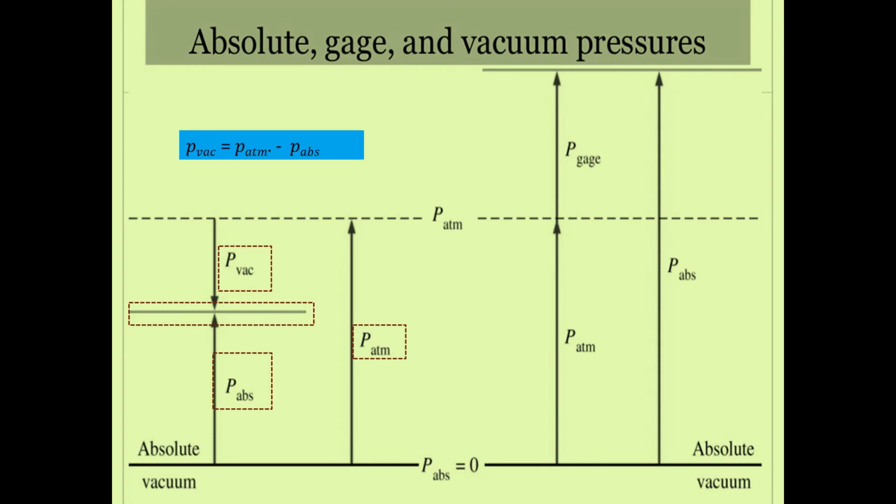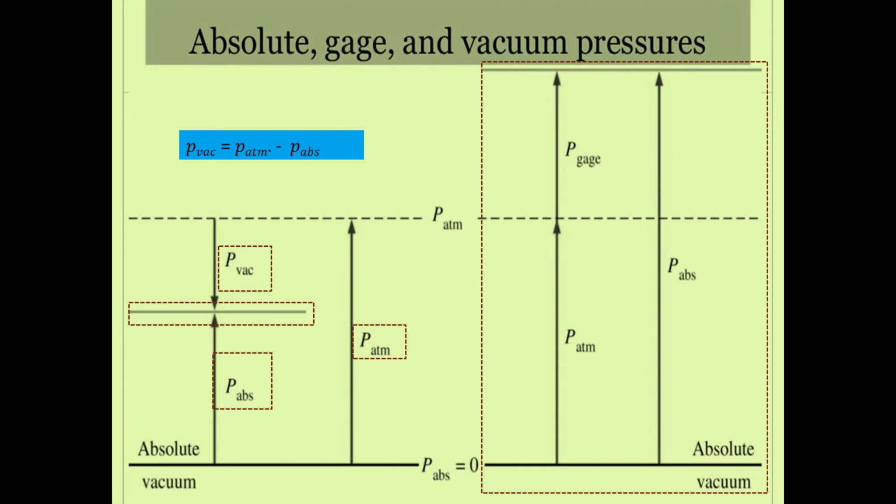So from this diagram, we can derive the pressure due to vacuum, that is equal to the atmospheric pressure minus the absolute pressure. Another situation on the right portion here is that the absolute pressure is greater than that of the atmospheric pressure.